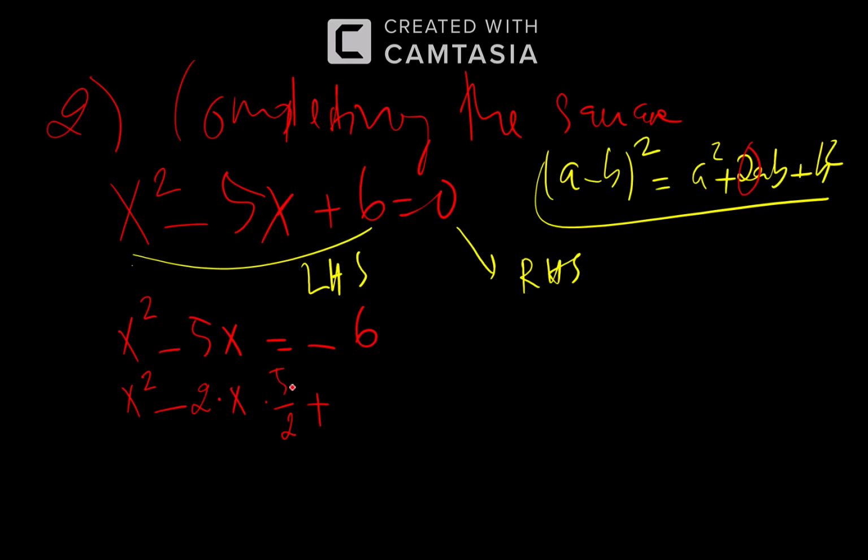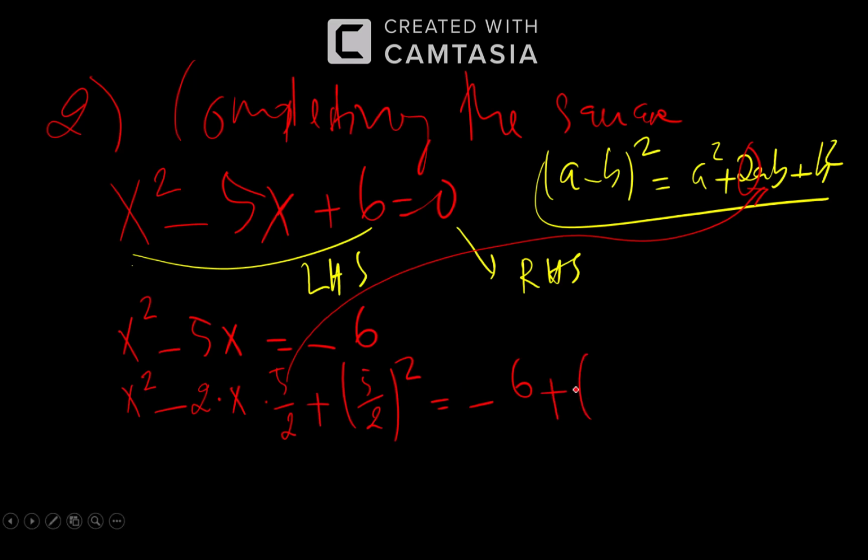And here our value of b is 5 divided by 2, so we put (5 divided by 2) squared. So on the left hand side we add this amount, and on the right hand side we must add this amount to keep the balance between the left hand side and the right hand side.